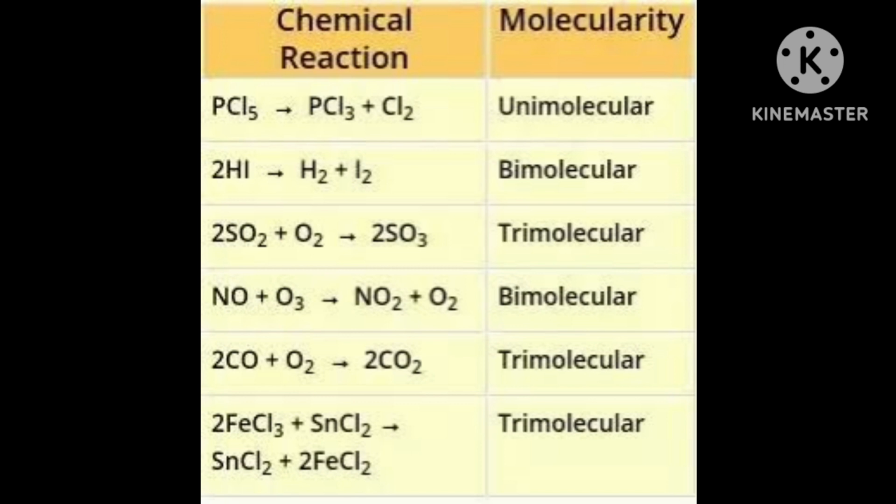In that also, suppose the product depends more on A and less on B. They depend on both, but more dependence is on A and less on B. Then suppose it is 1.5 for A, not in round figures, and 0.5 for B, then its order will be 1.5 plus 0.5, which is 2.